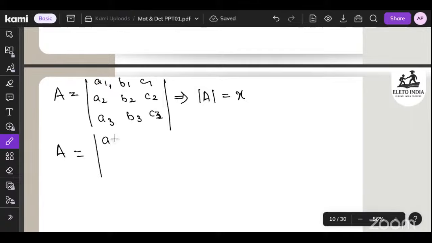Let us write like this: a1, b1, c1, a2, b2, c2, a3, b3, c3.